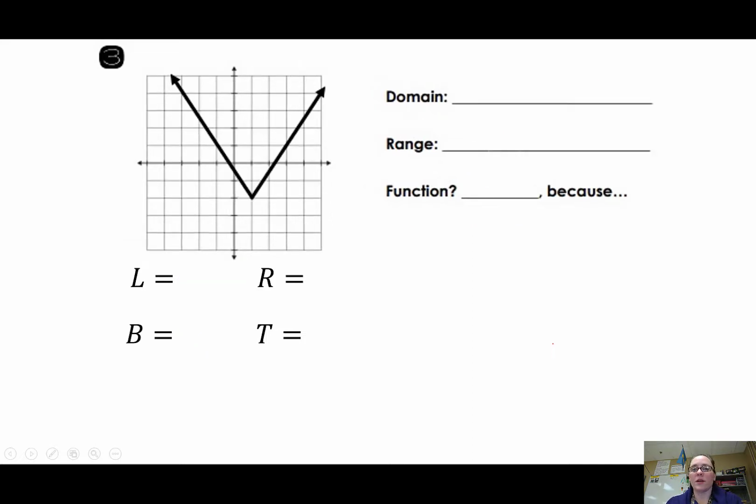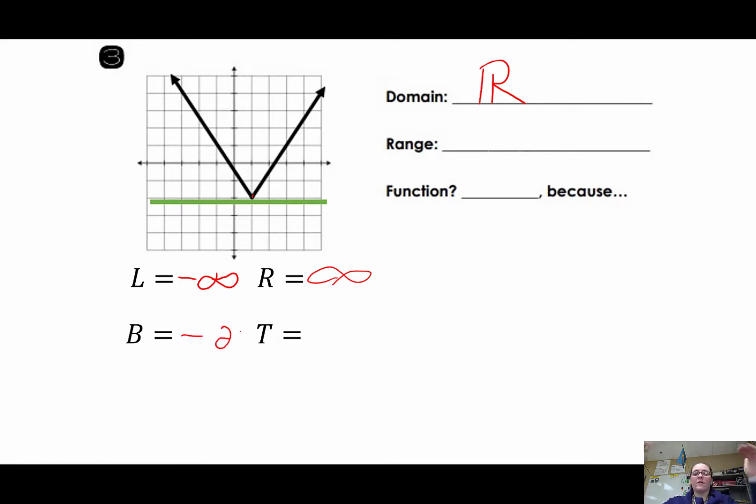All right, let's look at number 3. Again, looking at left to right, so how far left? If I keep drawing this line out, I'm going to keep going on forever to the left, so that's -infinity. And again, same with the right. If I keep going, it's going to keep going forever. So we have all real numbers for the domain. Now let's look at the range. How far down do I go? What's the bottom of my graph? Well, my bottom of the graph is right there at -2.